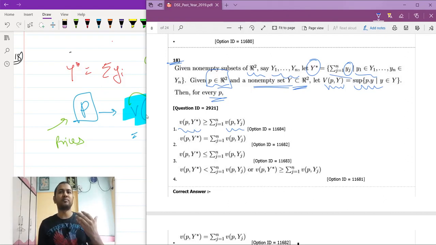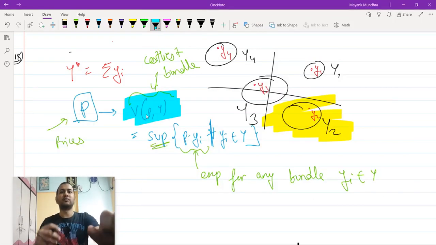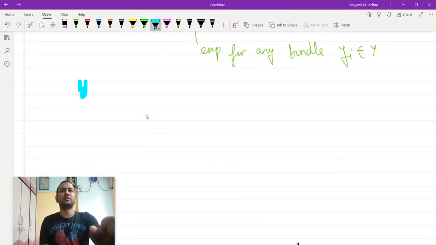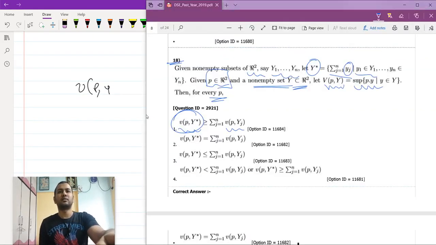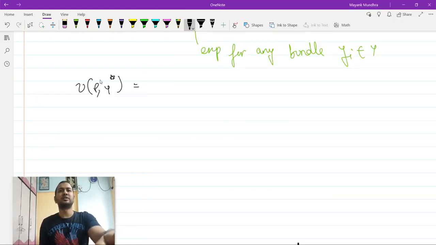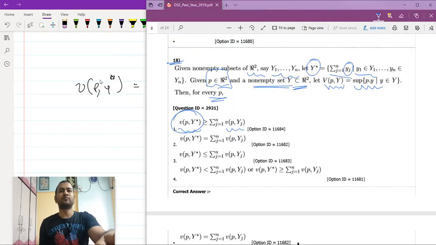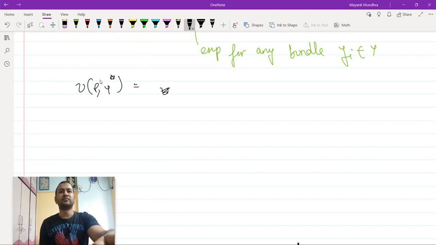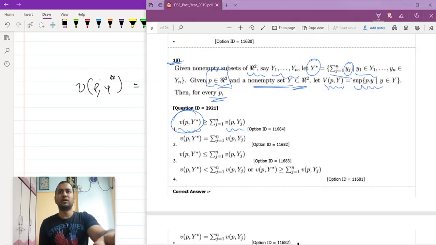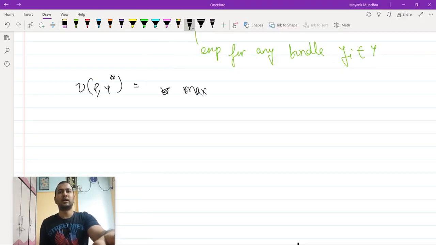So the idea is, on the left hand side, v of p comma Y star, since Y star is a set obtained by adding all the elements from different sets, is basically the maximum expenditure or the costliest bundle in the summation set.